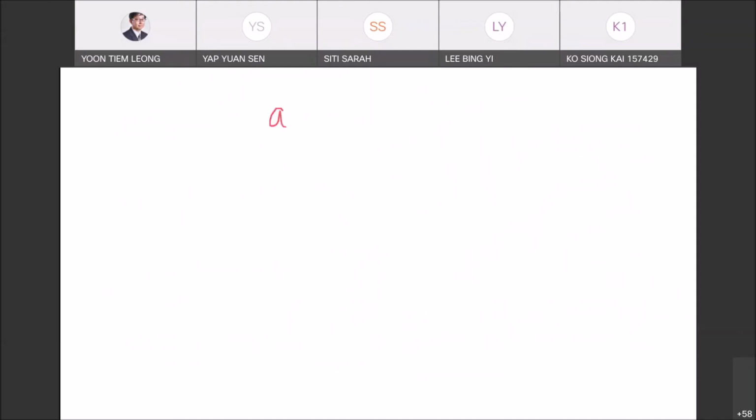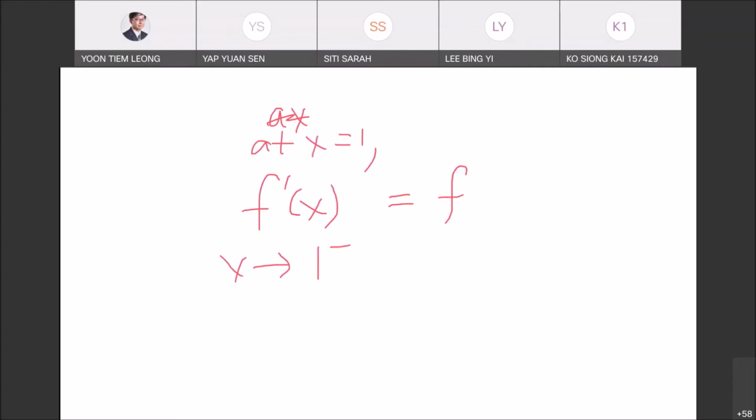At x equals 1, the function has to be differentiable. That is, f prime of the function when x tends towards 1 from the left must equal the derivative of the function when x tends to 1 from the right. So that is a more appropriate function.